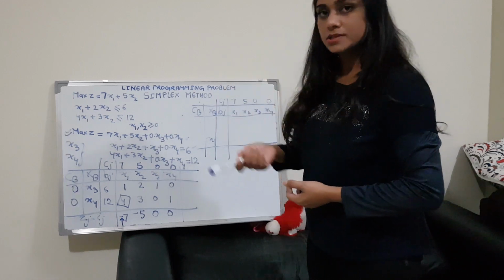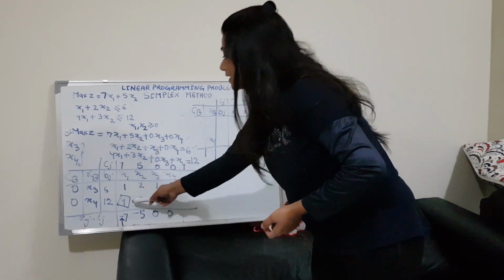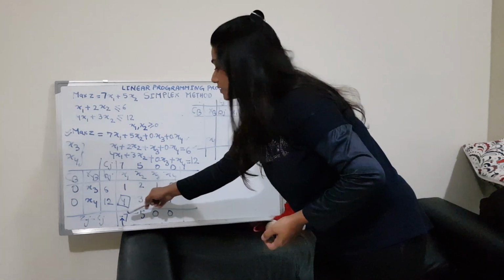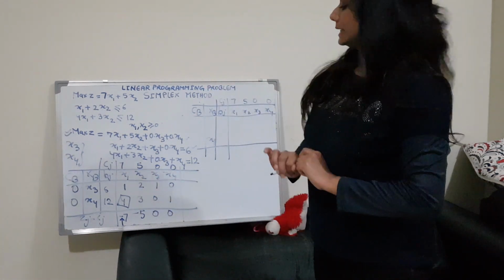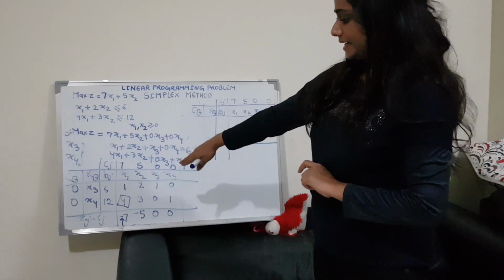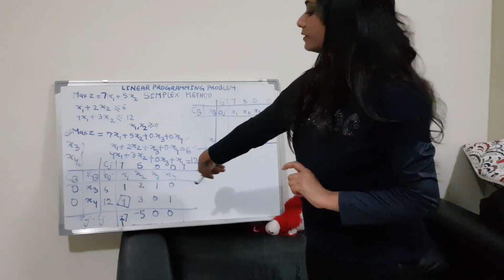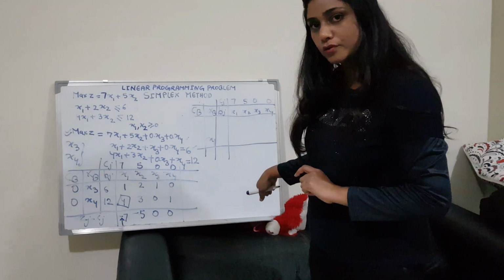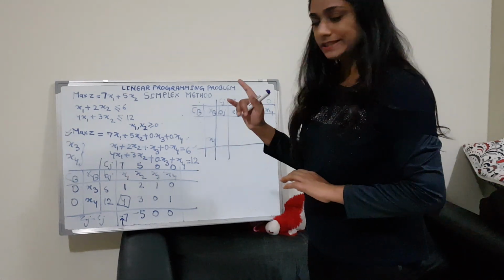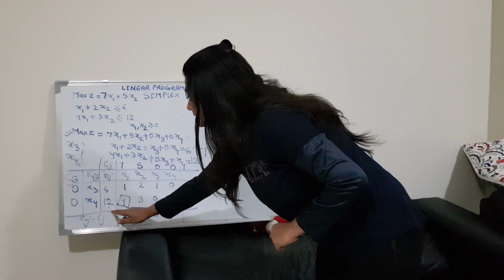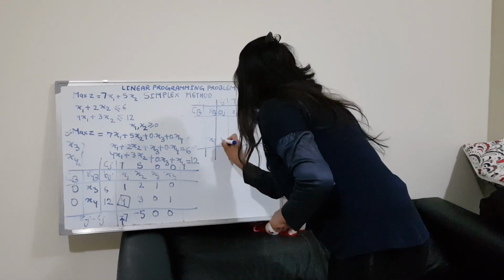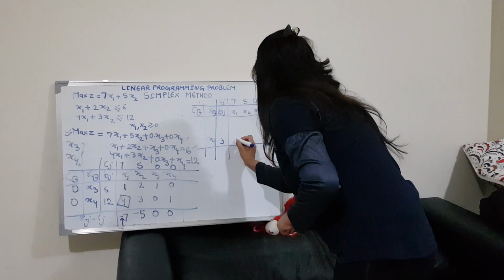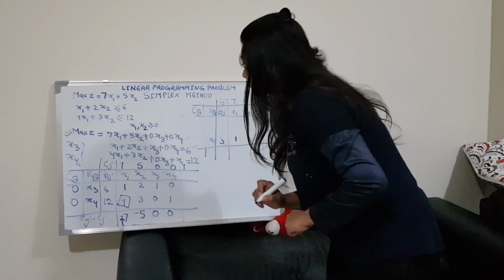Now our next step is to make 1 at this place, because we are getting our outgoing vector from this place. Now we can see the number 4 is there. If we divide this whole row by 4, then we will get 1 there. So let's start. 12 by 4 is 3. 4 by 4 is 1, which we had to make 1.